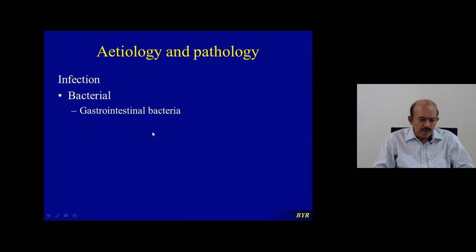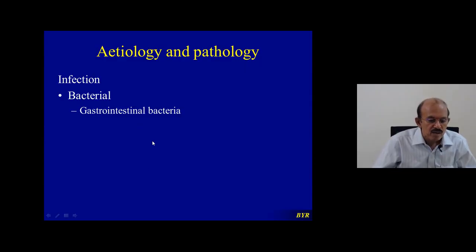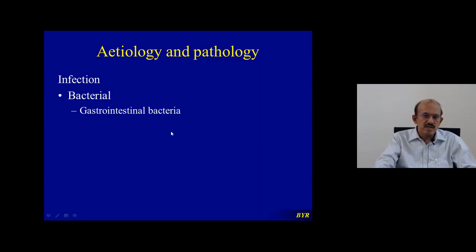Very good. You have given correct answers. So it can be due to perforation. It can be due to ischemia of the bowel, where the vitality of the bowel has decreased, or due to progressive obstruction, and also due to stasis, and also due to inflammation of the bowel wall. So all these things can cause transmigration.